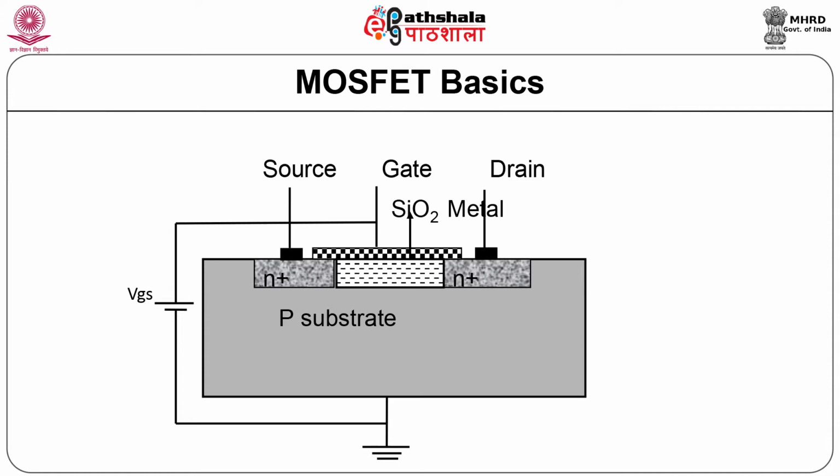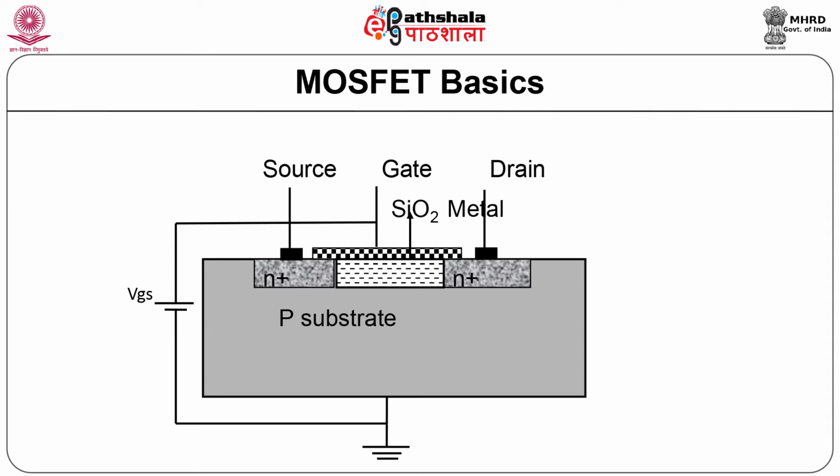Due to the field from the gate, the electrons, that is minority charge carriers from the substrate, are attracted towards the gate between the source and the drain regions, and this changes the region between the source and the drain to N type, thereby forming an N channel.